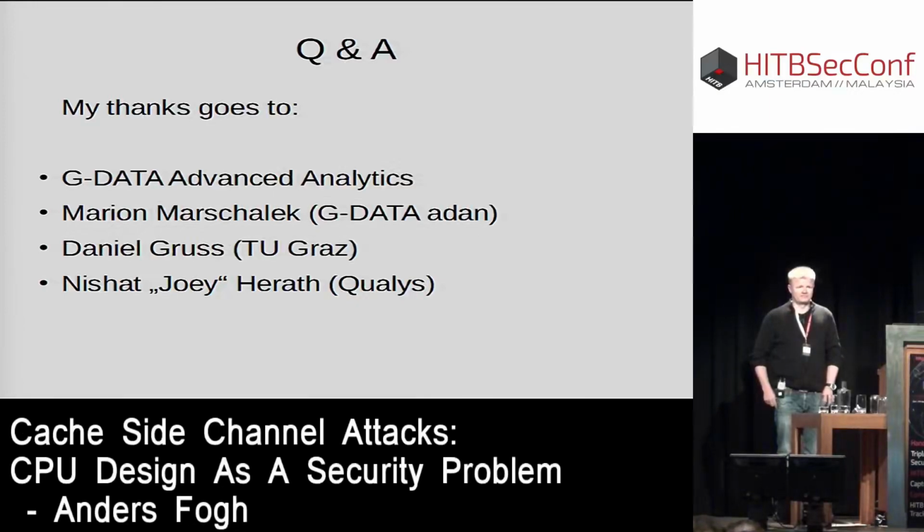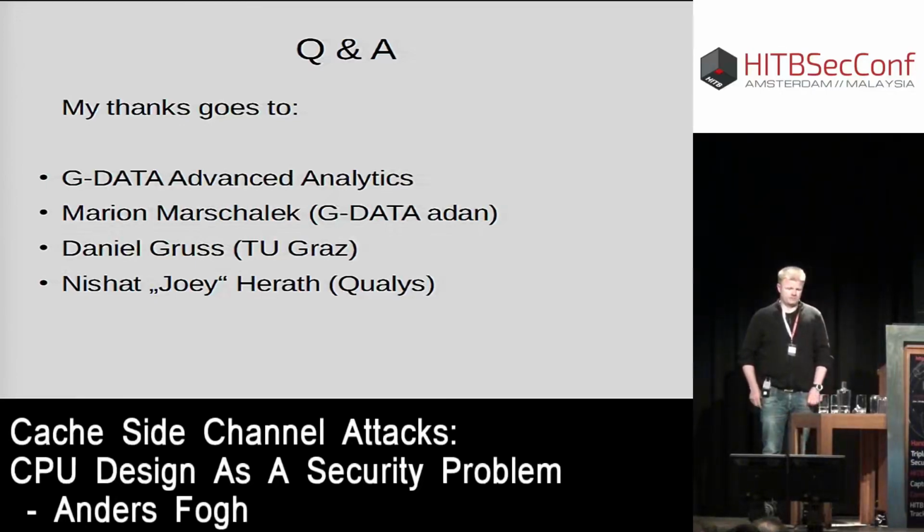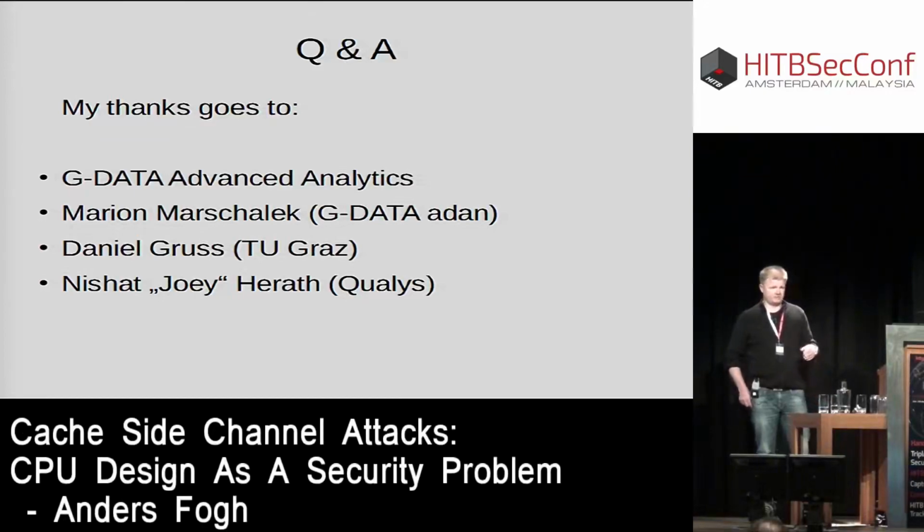Well, how much of a requirement is having shared memory to the attack? Shared memory is required for flush and reload and variations thereof, which includes flush and flush. The thing is, in the reload phase, you access memory to find out the state of the cache after the victim has run. For prime and probe and evict and time, we are using cache congruency, which is a lower criterion.